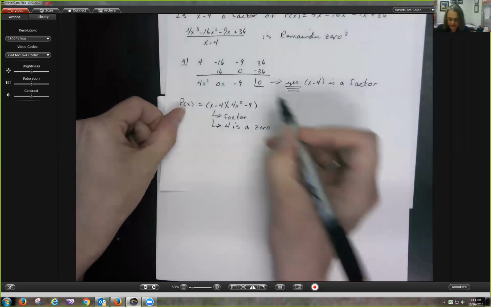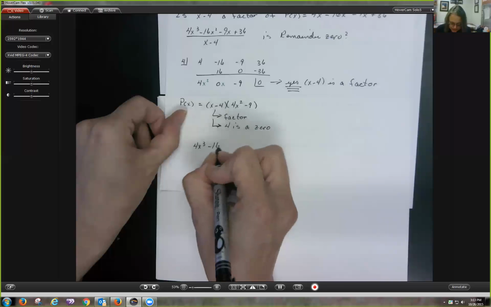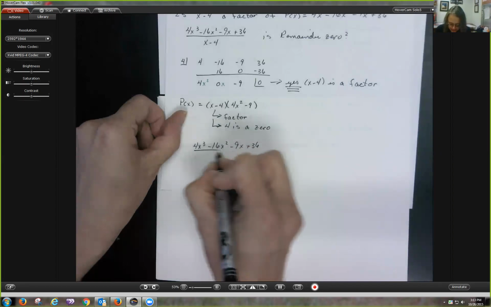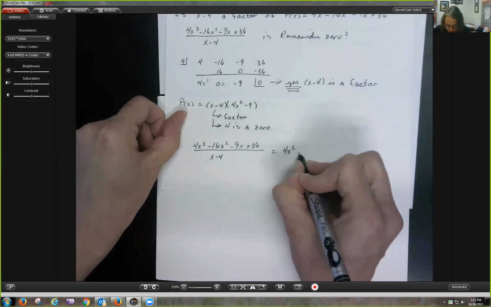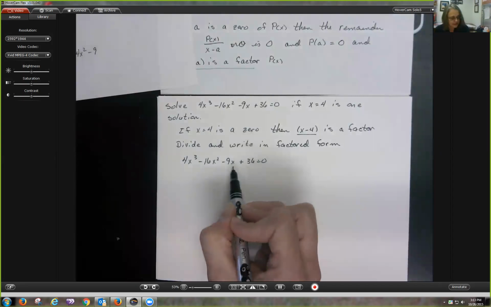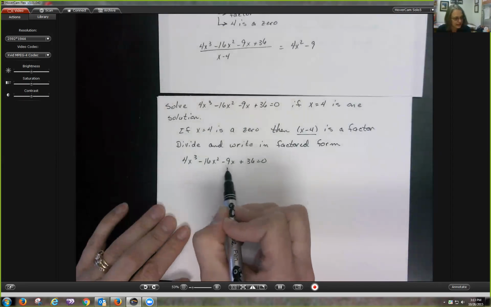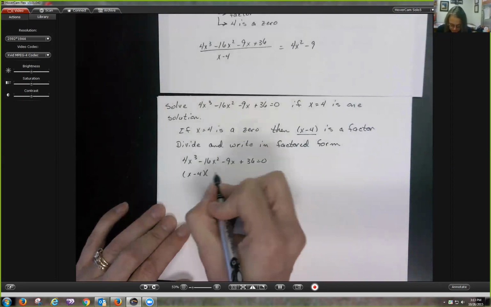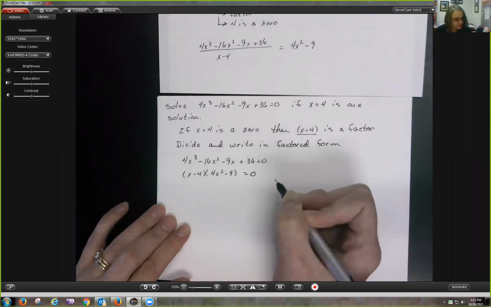When I divided 4x to the third minus 16x squared minus 9x plus 36 by x minus 4, I got 4x squared minus 9, which means that this polynomial can be written as x minus 4 times 4x squared minus 9, and that still equals 0.